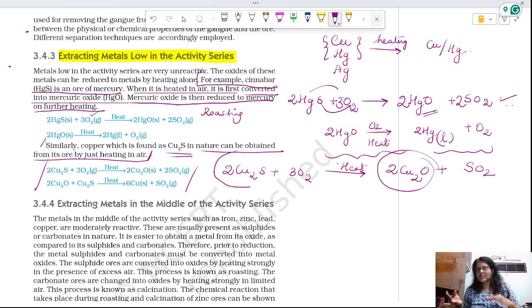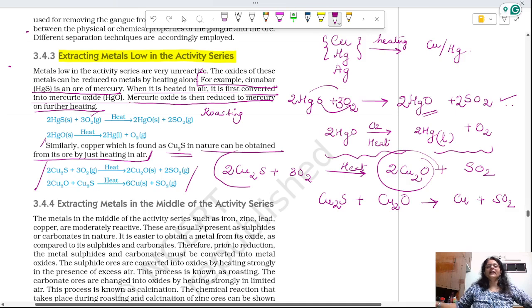Oxidation and reduction take place simultaneously, and in between, both Cu2S and Cu2O will be present in the mixture. And these two, on further heating, will finally be reduced to copper and sulfur dioxide.